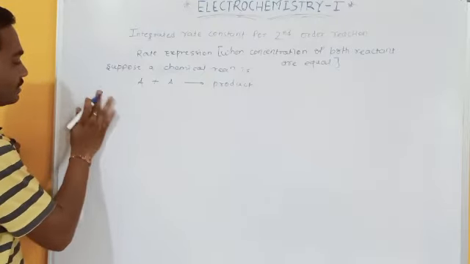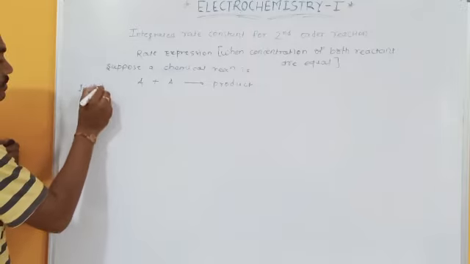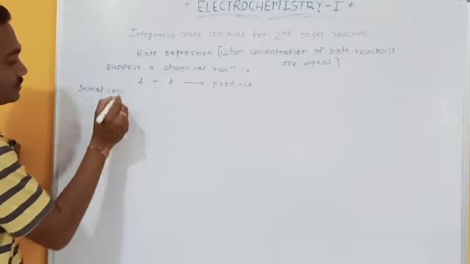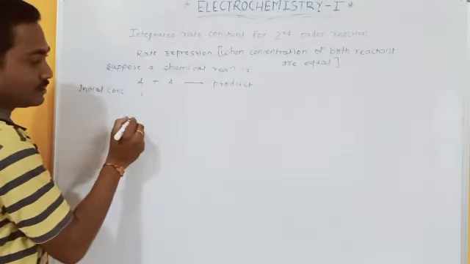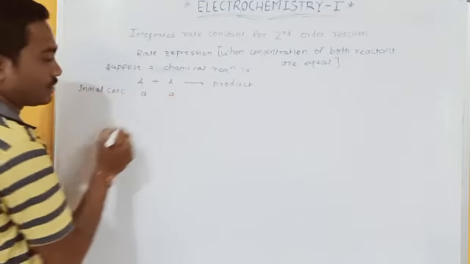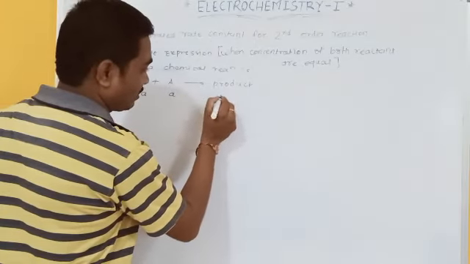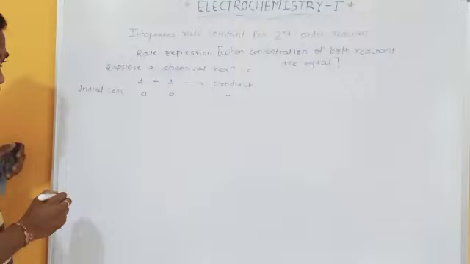Here we have to write the initial concentration of reactant. Suppose the initial concentration of reactant is small a, and the initial concentration of the other reactant is again a. Then the concentration of product is 0.